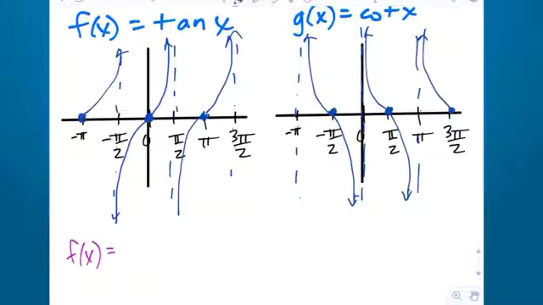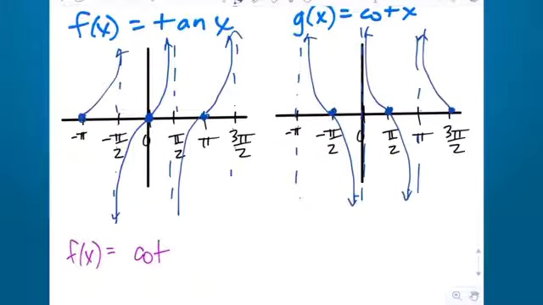I'll put my cotangent down. What's one thing for sure that we're going to have to do? If I want to start with a cotangent graph and turn it into the tangent graph, cotangent's a decreasing function, right? Tangent's increasing. So the only way to take a decreasing function and make it into an increasing function, in this case, is to reflect it across the x-axis, right?